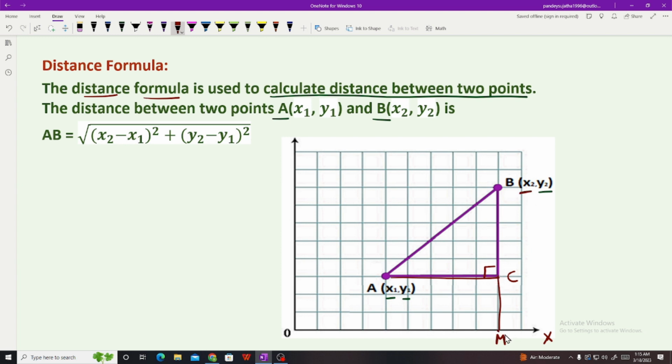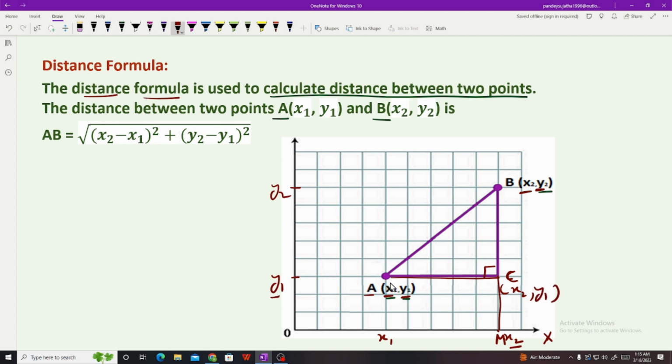And since the x coordinate of this point A is x1, write here x1. The y coordinate is y1, so mark it here as y1. And the y coordinate of this B is y2, so write here y2. And the coordinates of this point C will be x2 and y1.